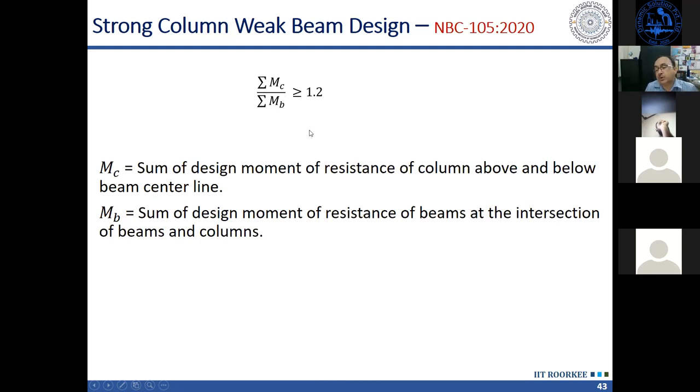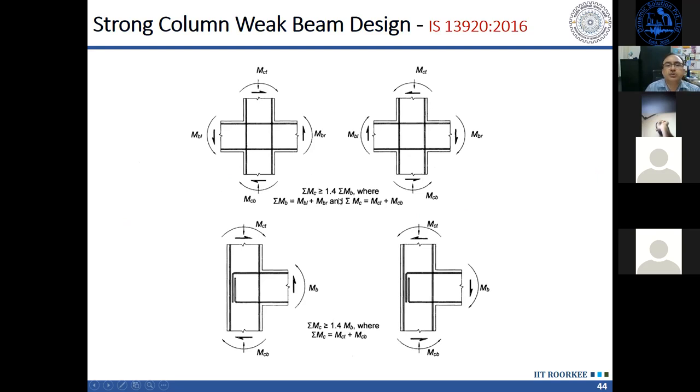And here we are talking about strength, not the applied moment. Strength will come from the reinforcement you have provided. So after providing the reinforcement for all provisions, you will check. And this ratio of summation MC by MB as per NBC is 1.2. It is from ACI. ACI has this ratio 1.2. IS 13920 has this ratio 1.4. So in this regard, IS 13920 is better.